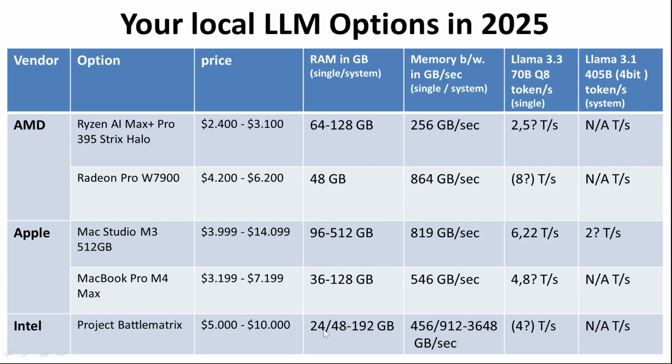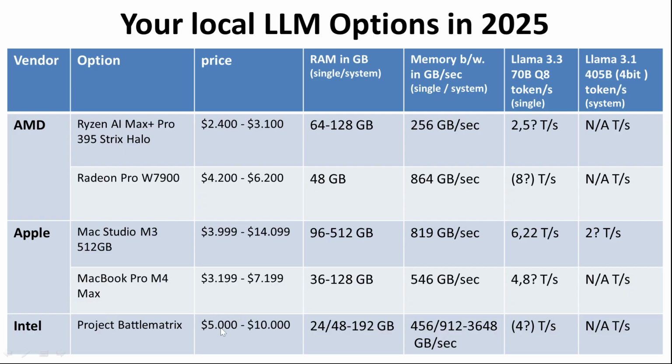But since this is 24 gigabytes of RAM, you would get 456 gigabytes per second on a single GPU, and here with 48 gigabytes of RAM you get 864 gigabytes per second. So roughly you can probably estimate that they're using similar controllers but just more memory chips here on the Radeon Pro. And in this case you would then put in fewer of these cards, and they're also of course much more expensive, and in that case you would put in more of these cards.